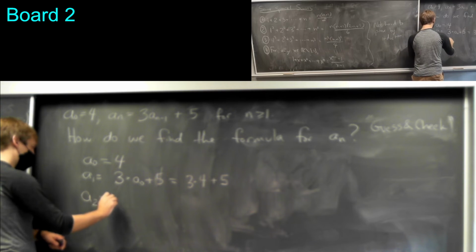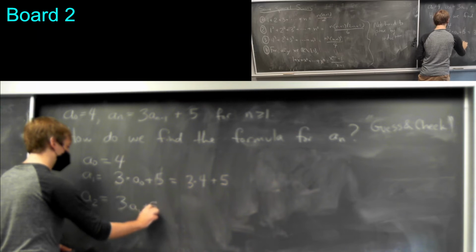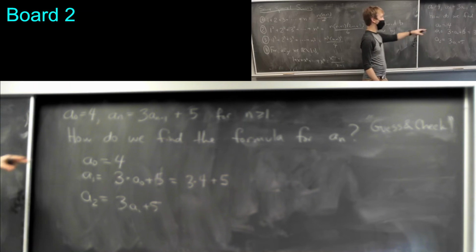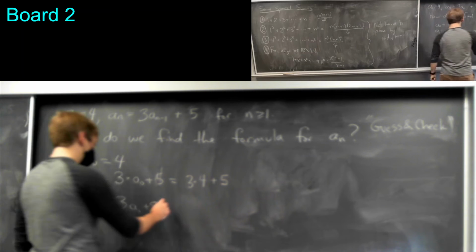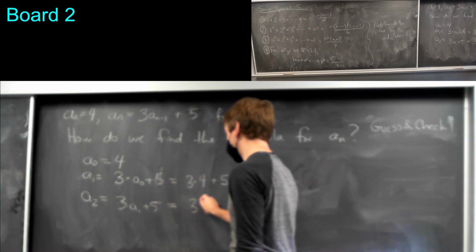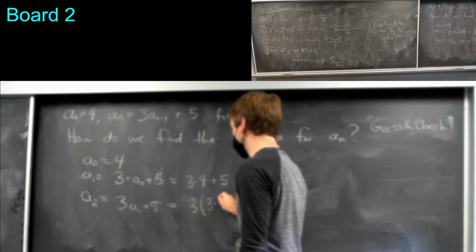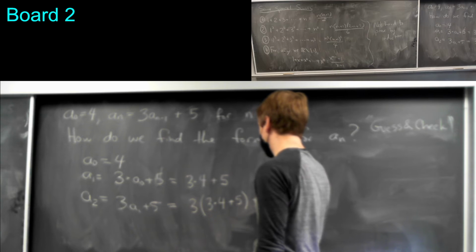And then I'll write A2, which is 3 times A1 plus 5, by definition. That's how these recursive definitions work. Now I'm going to plug in what I got for A1. So it's 3 times (3 times 4 plus 5), and then plus 5.